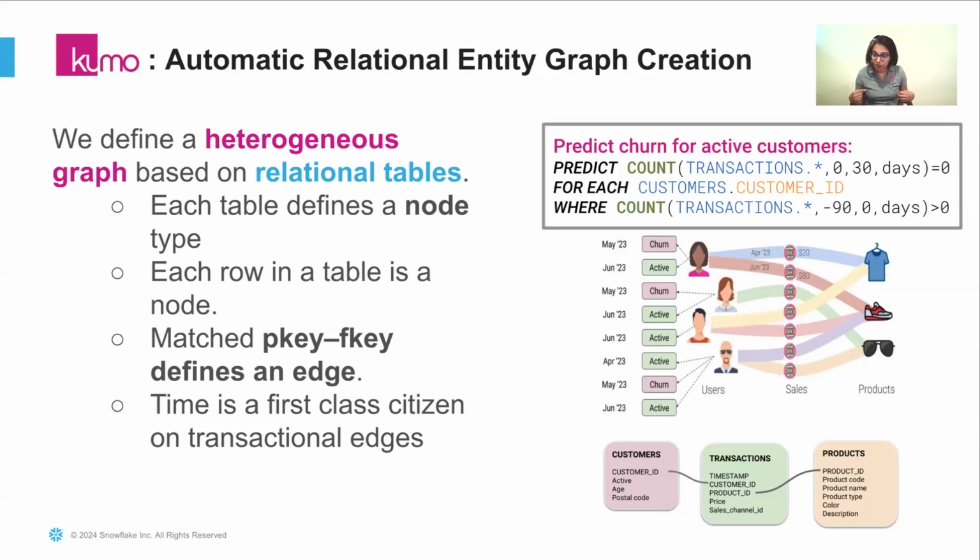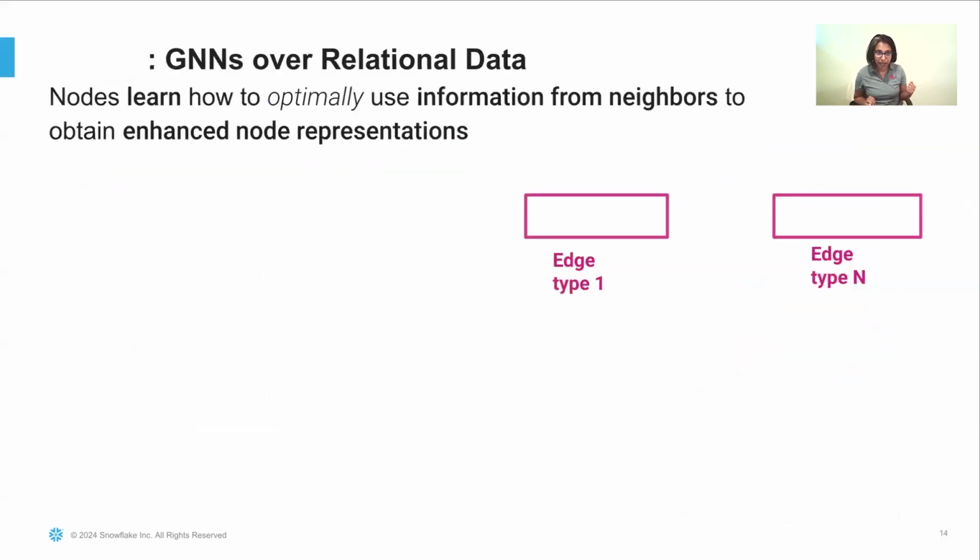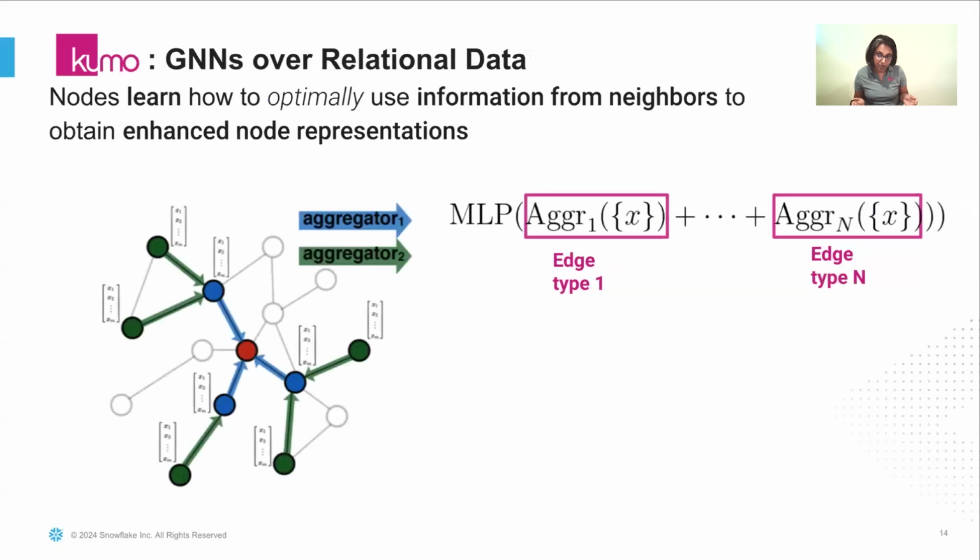And then we automatically annotated labels for whether a user was going to churn or be active with this predictive problem. The training part, which a user could manipulate or could choose not to manipulate, actually ran graph neural networks. You can think of graph neural networks as a transformer technology for your relational data warehouses.